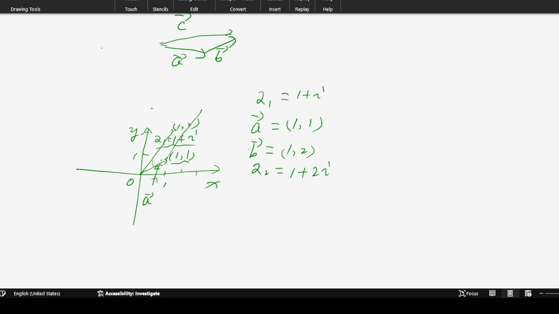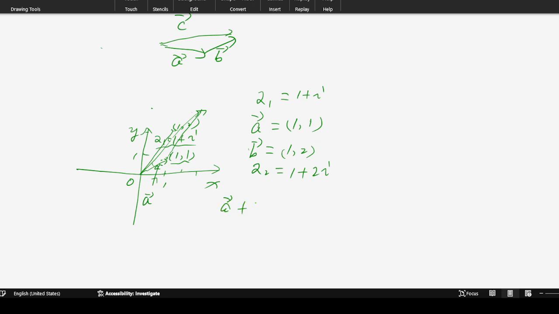So we move vector B in parallel to this side, then connect. By this we draw it, but we can also make the algebraic calculation.